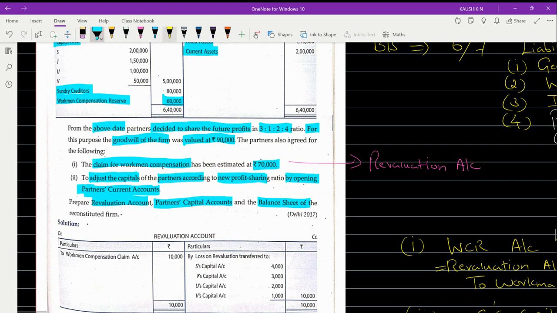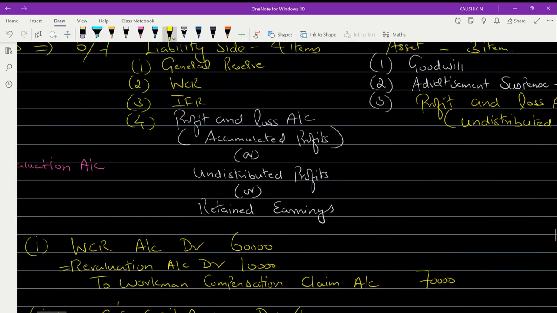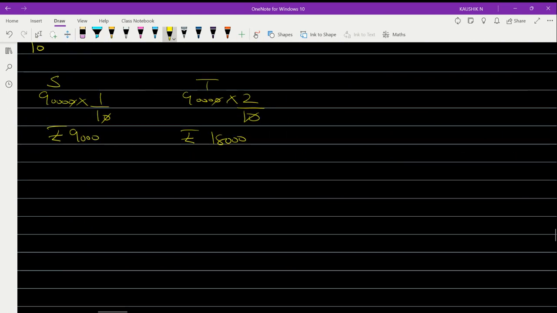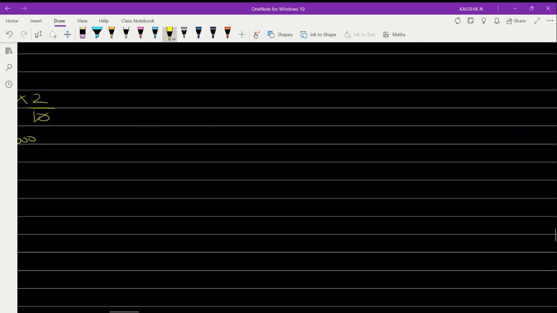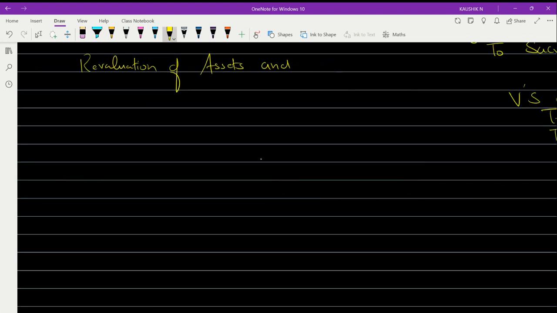Now we have learned that revaluation is nothing but revising the values of assets and liabilities. It is a revaluation of assets and reassessment of liabilities.